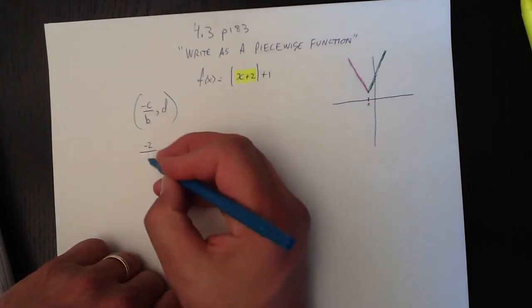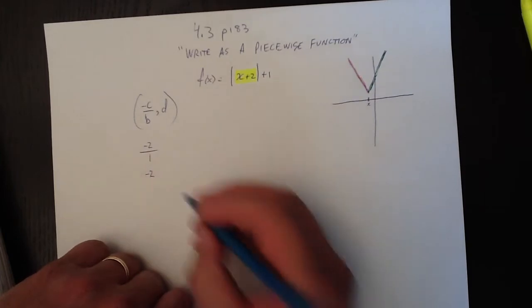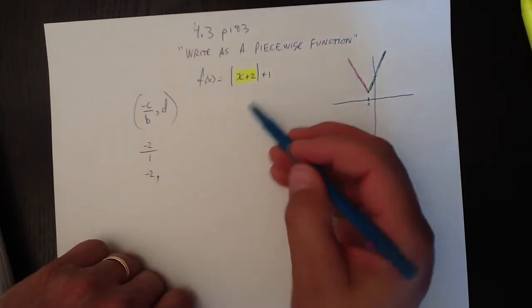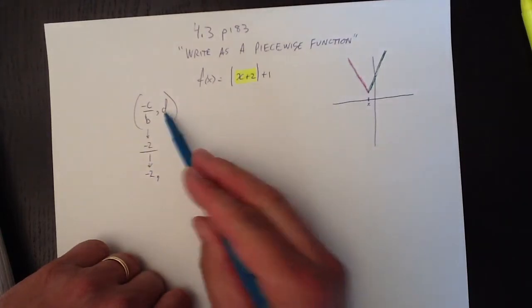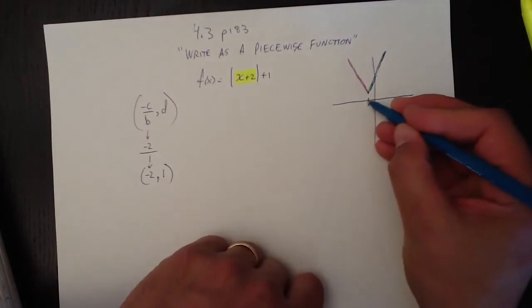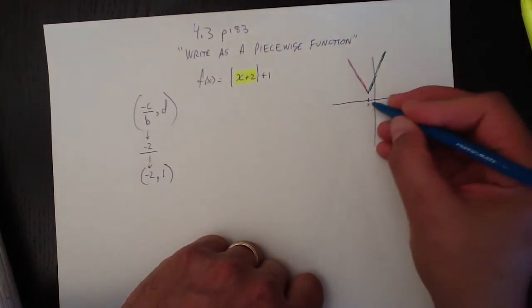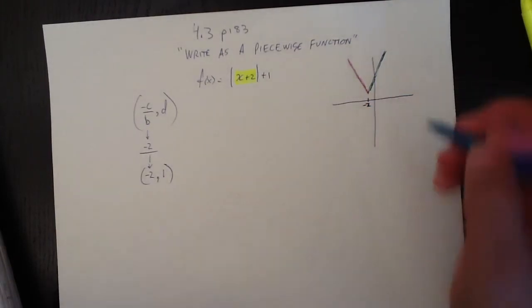In this case it's 1, so it's negative 2 over 1, also known as negative 2, comma d, which is 1. So the vertex is negative 2, 1. This little value here is actually negative 2. It's a pretty good guess on this graph. So negative 2 is the x value of the vertex.